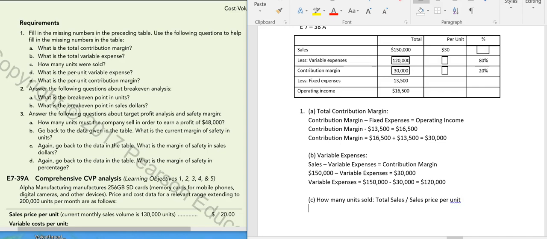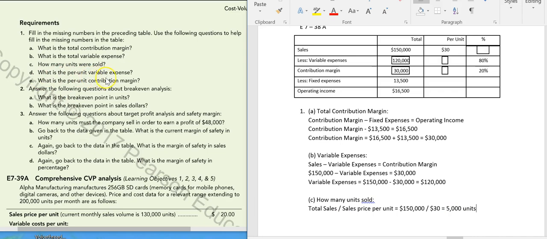So I can write it down like this. Total sales is equal to 150,000 over the sales price per unit, which is 30 bucks, and that gives that they actually sold 5,000 units. Please check with your calculator: 150,000 divided by 30 will give you 5,000 units. So they actually sold 5,000 units.